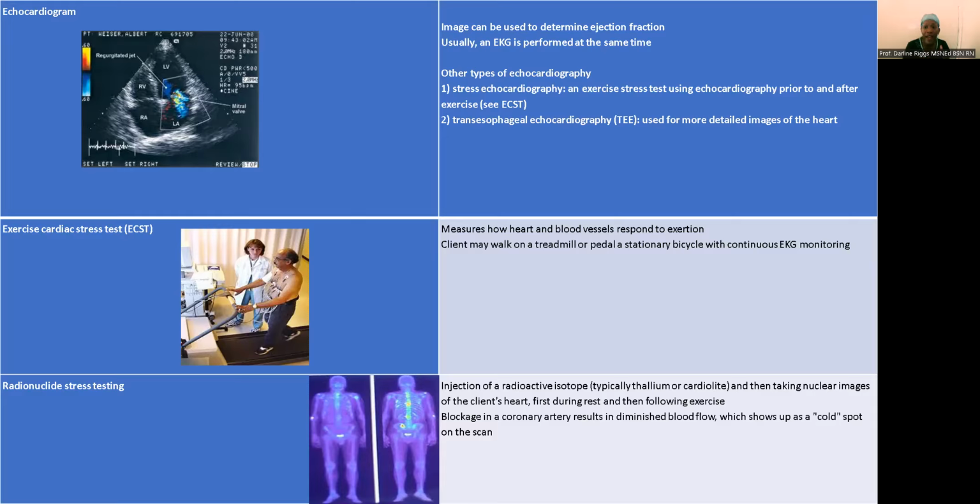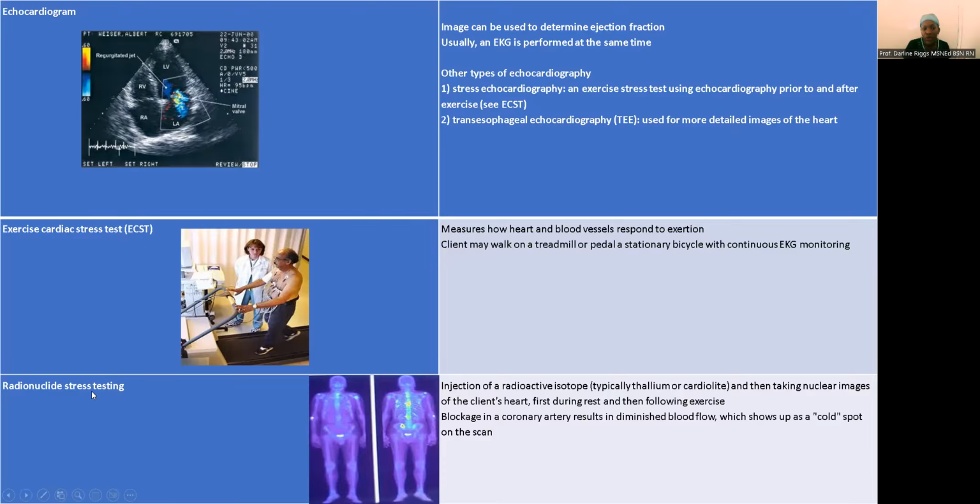Okay, so while the client is on the treadmill, we can measure the entire heart, the blood vessels, how much blood is leaving the chambers. Great. Now, you're never leaving that client during an exercise cardiac stress test. Can you imagine, God forbid, right? They become exhausted and fall right on the treadmill. So you don't leave this client. You're staying with this client, okay?